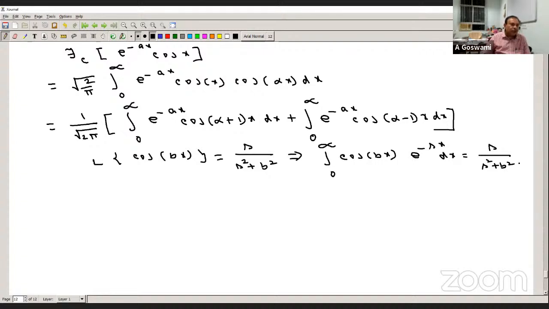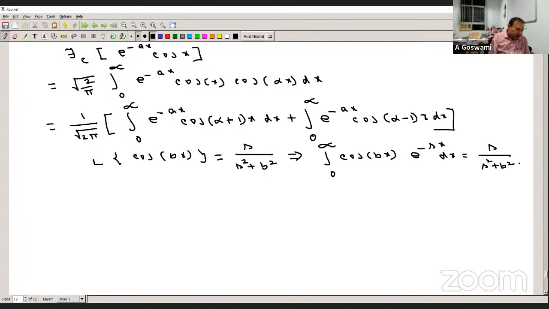Just I wanted to mention, if it strikes you that you know the Laplace transform of cos bx, and you use this formula, then very easily I can tell the values of this integral.